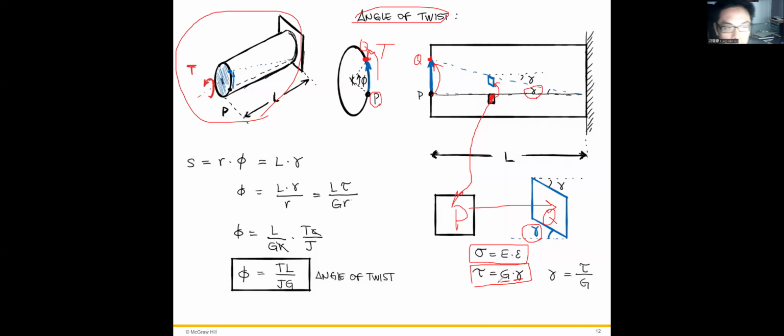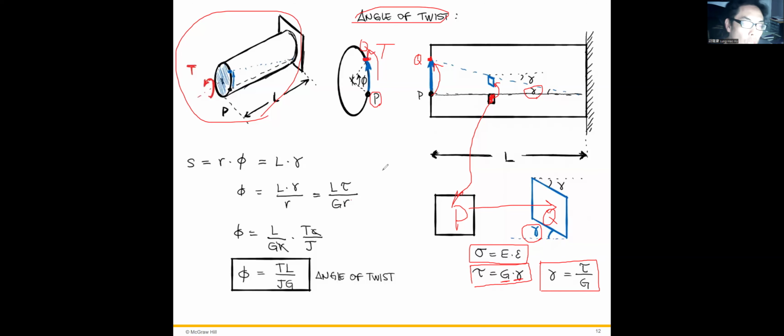That means the ability to resist the twist. Therefore, the higher the G value, the higher the anti-twist property of this solid rod material. And then we can define gamma equals the shear stress divided by G.